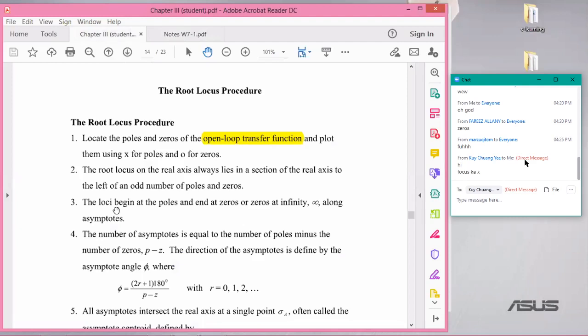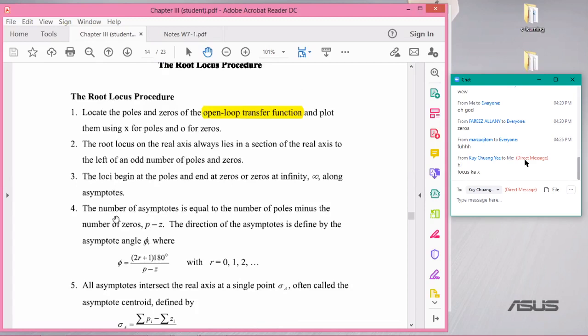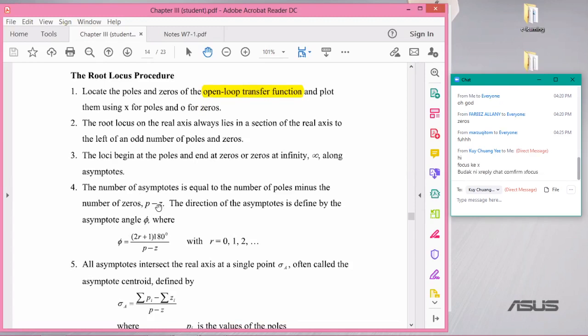Let's go to our fourth step. Since our locus is going to end at infinity along asymptotes, we need to find the asymptote lines. The number of asymptotes is equal to the number of poles minus the number of zeros. In our case we don't have any zero, so P is equal to 2. The number of poles is 2, therefore we're going to have 2 asymptotes.